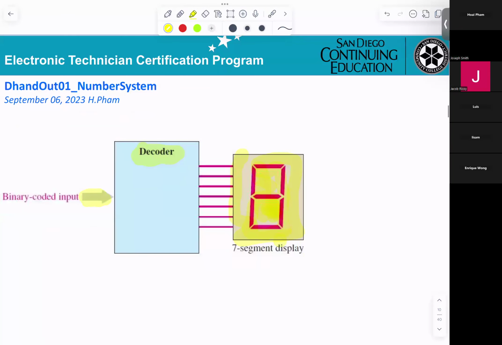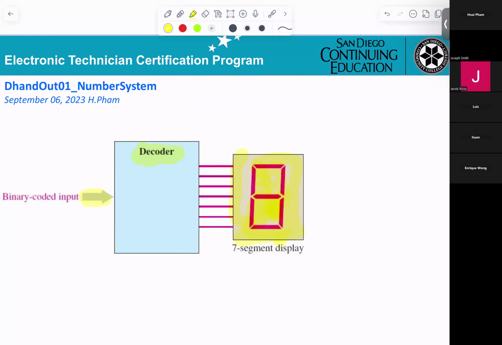I have a question for that number. For number 8, the binary code input should be 1000, and the decoder will just send it to the display. They go into the decoder, and the decoder will turn on number 8 for you. And if we put in the binary of 9, it'd be 1001.